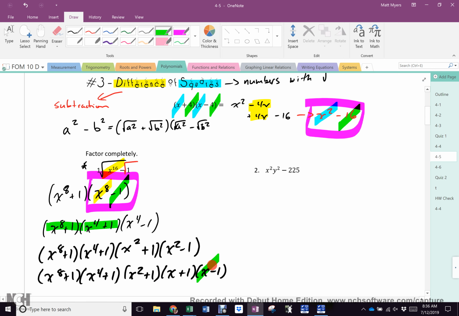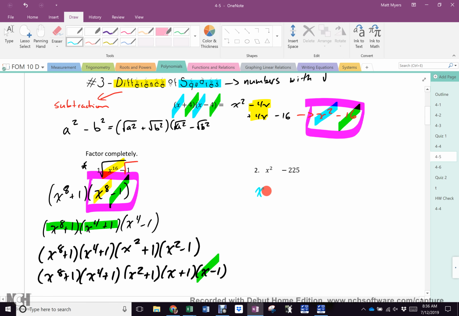All right, see how the easy concept ends up taking you a little bit further than you might have thought at the beginning? Let's look at the next one. What's weird about this one? We have x and y. If there was no y there, what would it be? What's the square root of x squared?